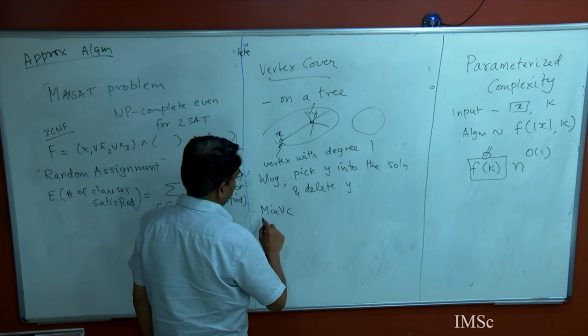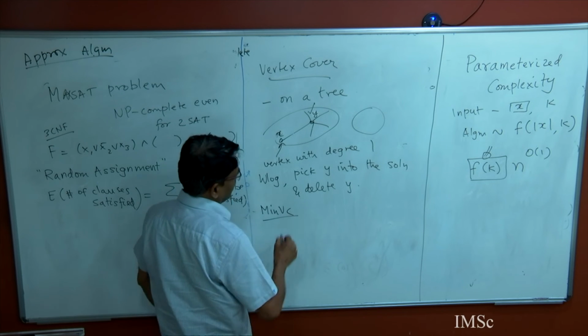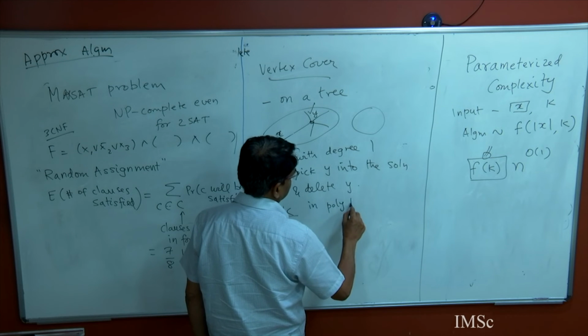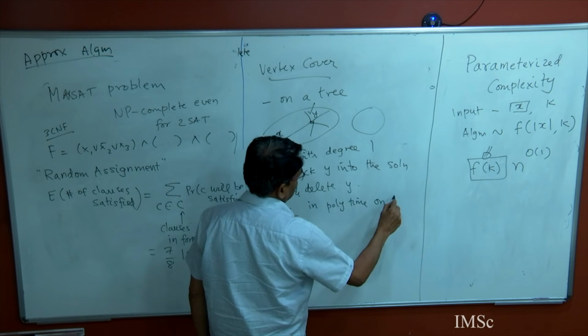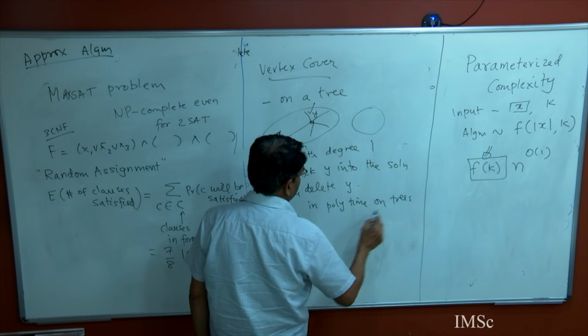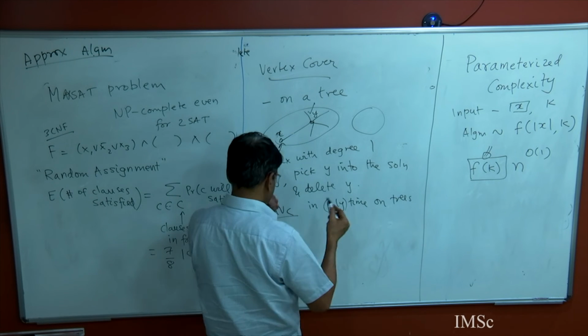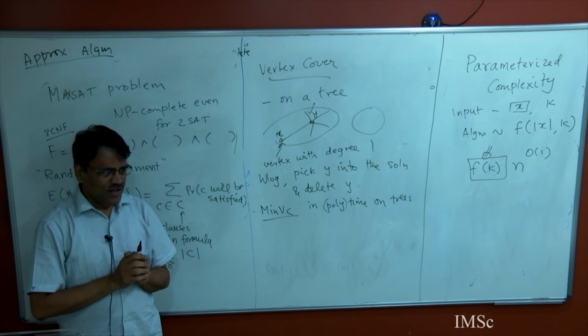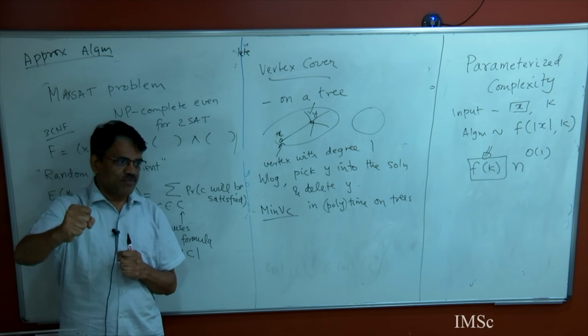In fact, with careful thinking, you can implement the whole thing in linear time. Okay, but let's not bother about it, polynomial time is enough. So now suppose the graph is not a tree, but it is a tree plus some k vertices.